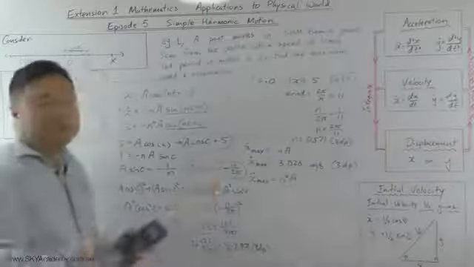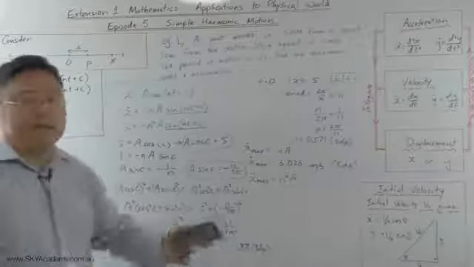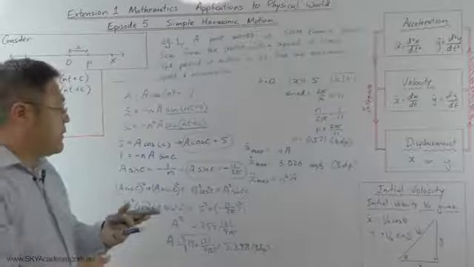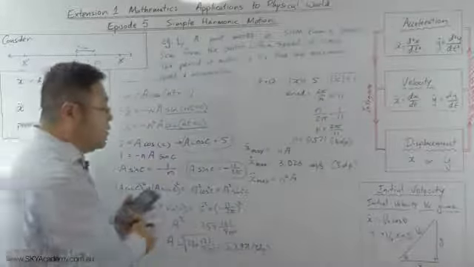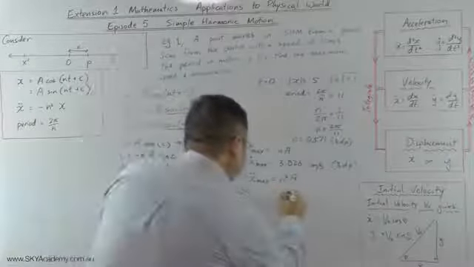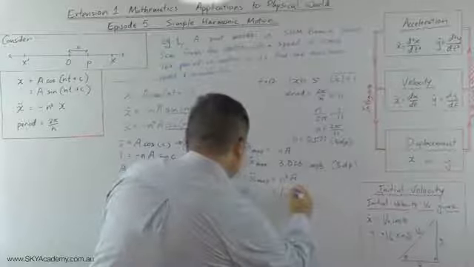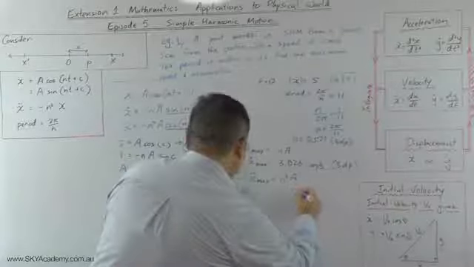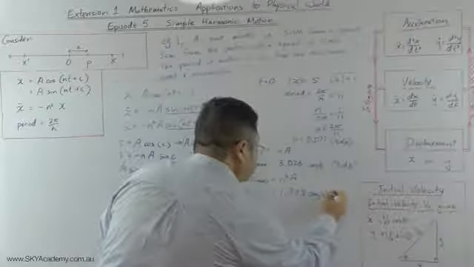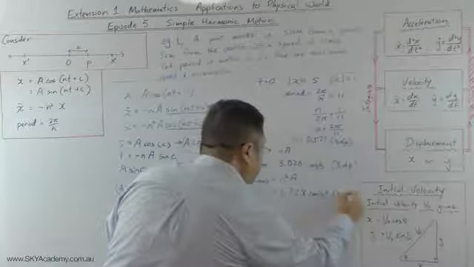And again, I could put positive or negative, but acceleration, I'm going to treat it like a scalar, which we then can work out to be, and I get 1.728 centimeters per second squared, to 3 decimal places as well.